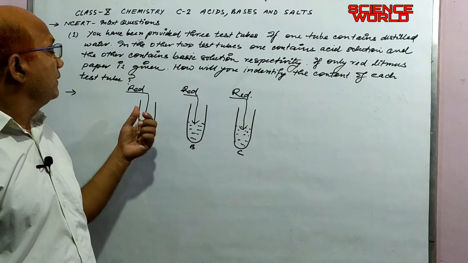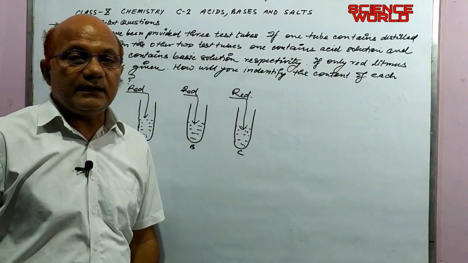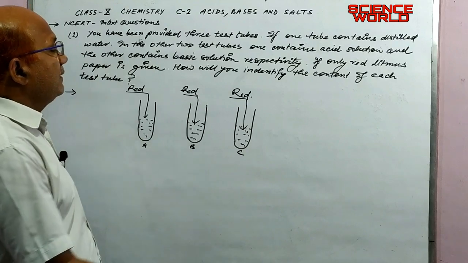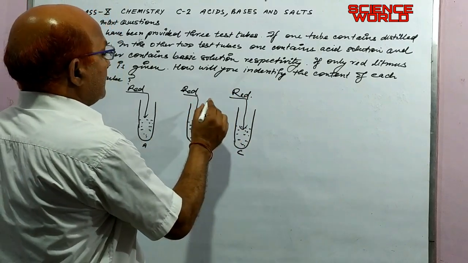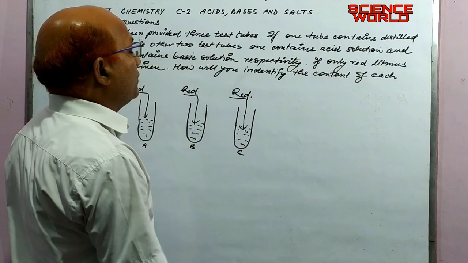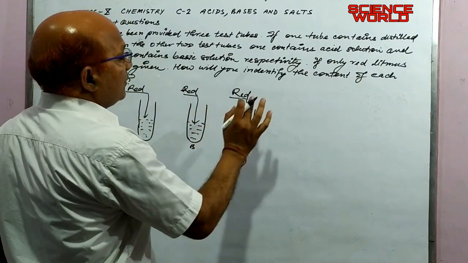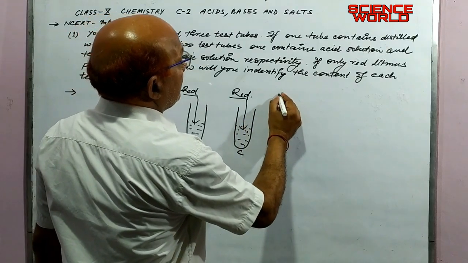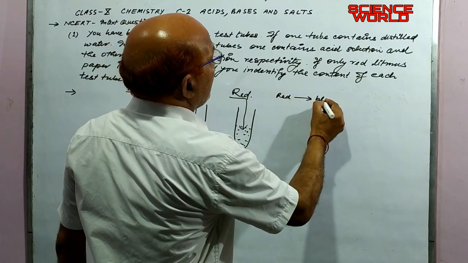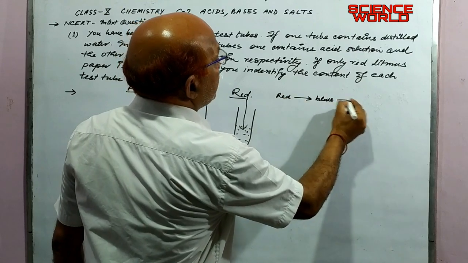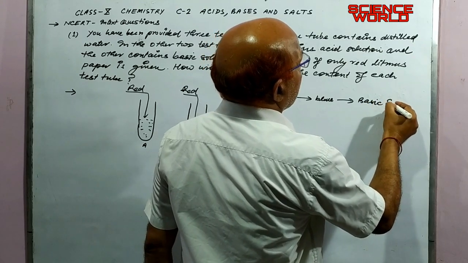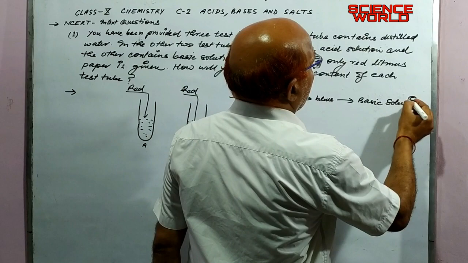If the color of red litmus paper changes to blue, suppose in any test tube, it means that test tube contains basic solution.